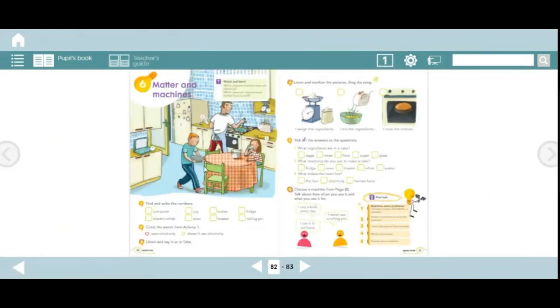They are asking if you need a fridge, number 8, to make a cake. If you think yes, tick. The second one, the oven. They are asking you if you need an oven to make a cake. Tick or not tick, up to you. The toaster, if you need a toaster to make a cake, an electric whisk, or scales. The ones that you need, tick. If you don't need any of them, do not tick.